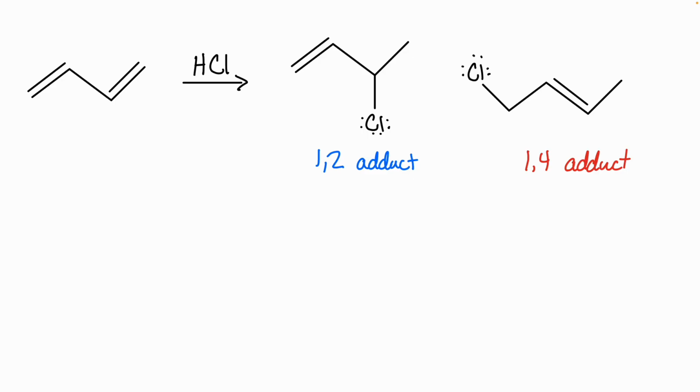Cool. So it turns out that we can bias this reaction towards one of these products or the other one by tuning the temperature of our reaction. So it turns out that if we were to carry this reaction out at low temperatures, our 1,2 product would be the major product, and our 1,4 would be the minor product.